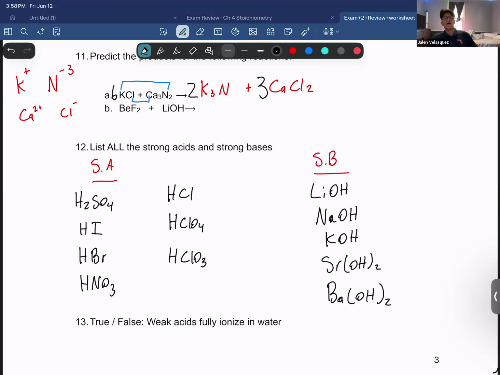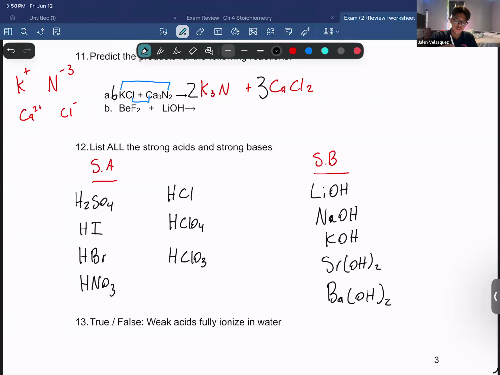Okay, so what characterizes an acid or a base as strong? It's got to do with how it acts in solution. So you need to know that strong acids and strong bases will fully ionize in a solution, whereas something that is a weak acid or a weak base is only going to partially ionize in a solution. Okay.